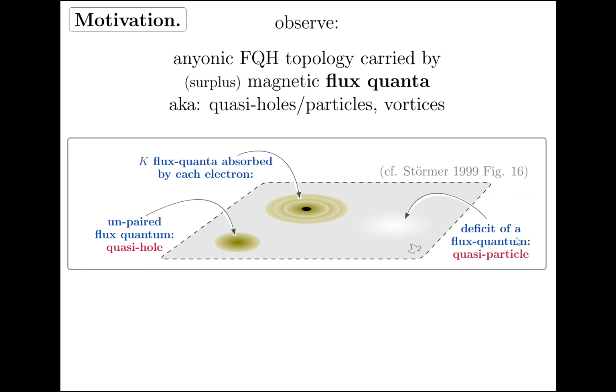So every such additional flux quantum acts like a defect, the missing of 1/k of an electron, and therefore it's called a quasi-hole. And it's these quasi-holes, these flux quanta, and the vortices they induce in the underlying electron gas, which will play no further role in my discussion here. These will be the actual anions of the system.